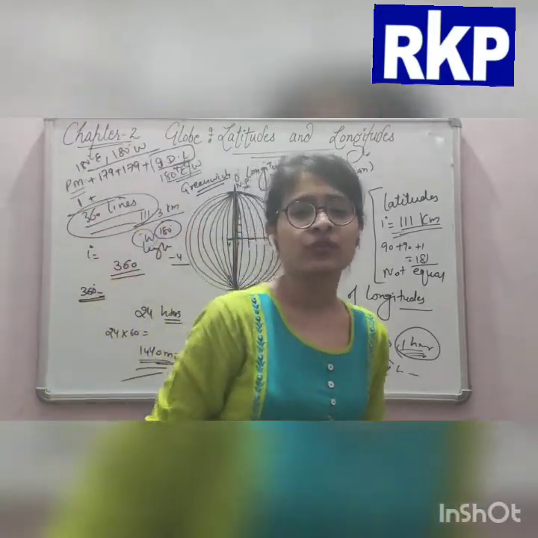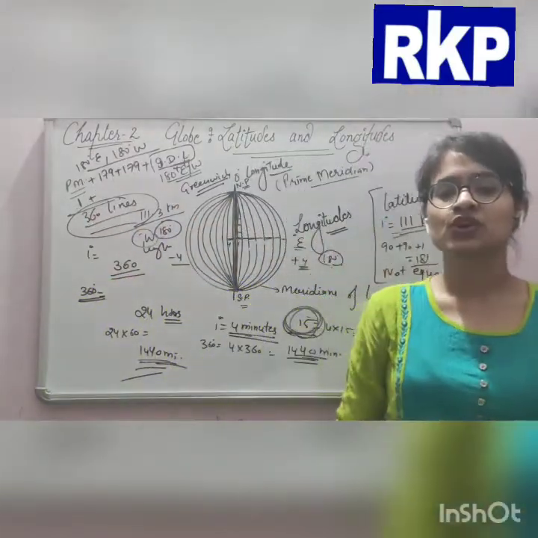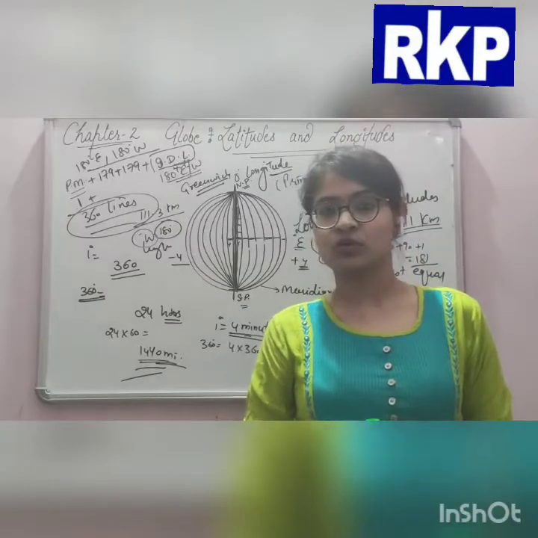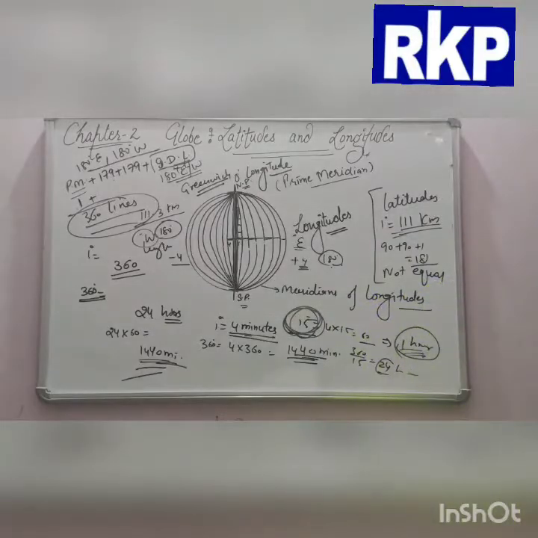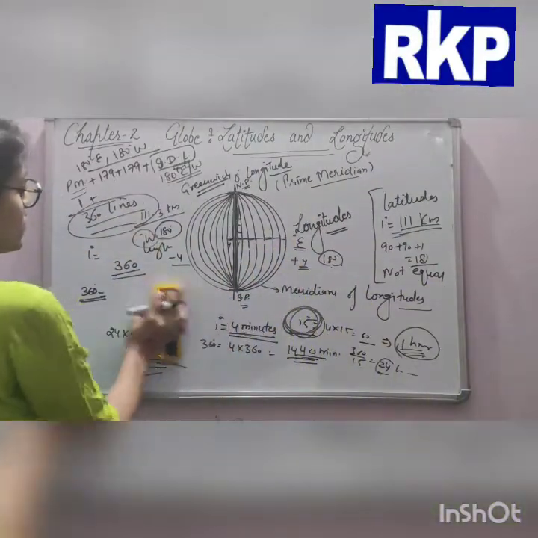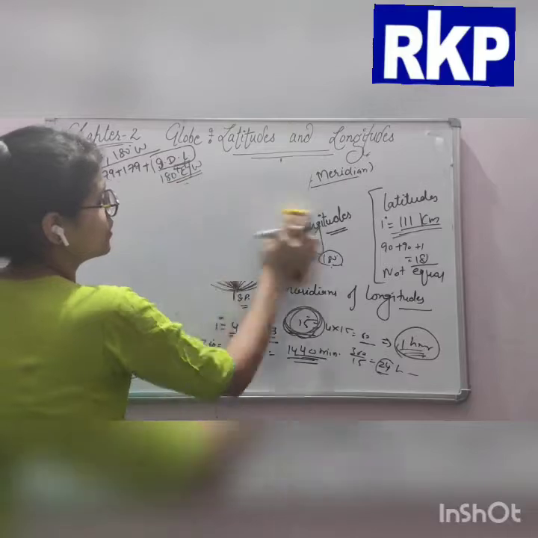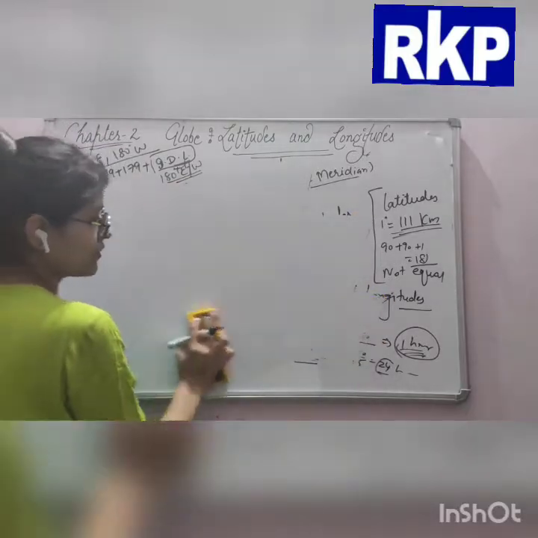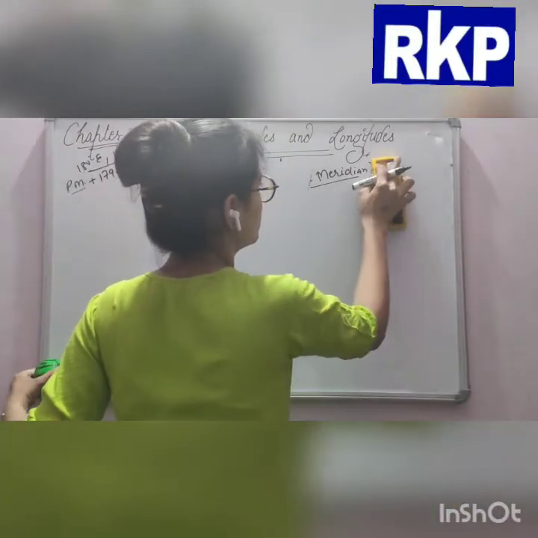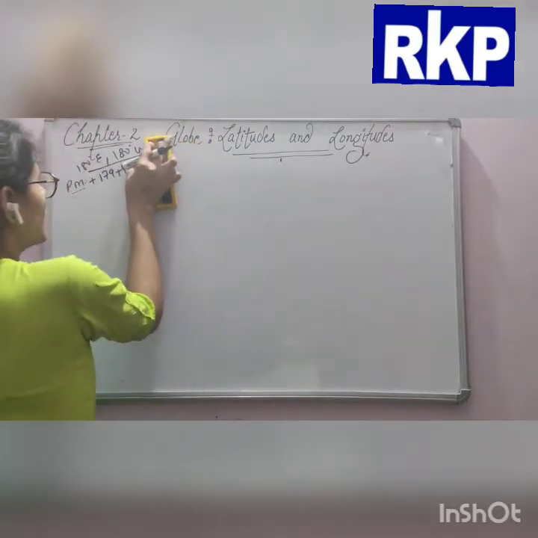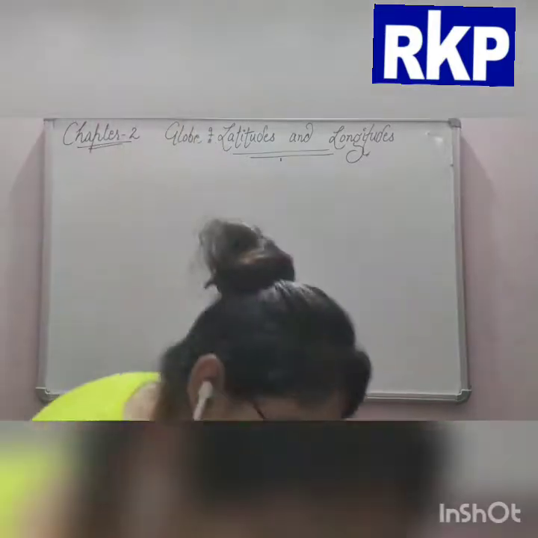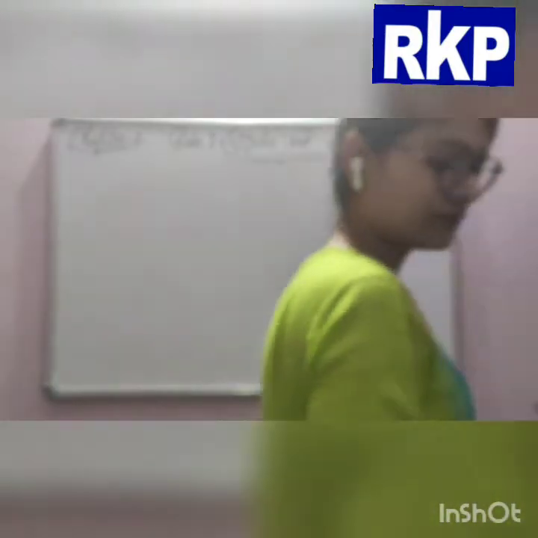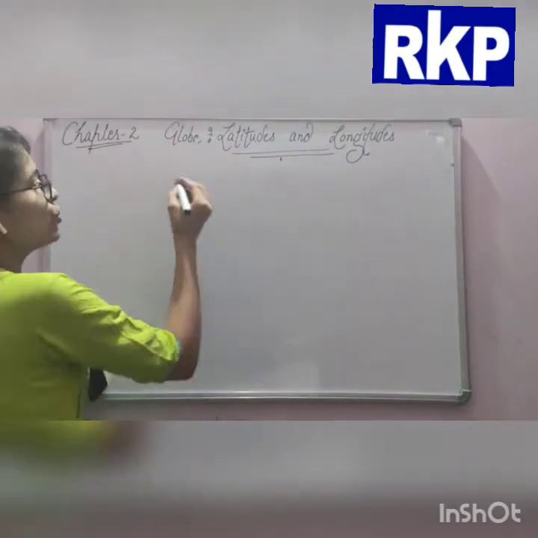So if you know the latitudes and longitudes of a place, you can locate any place on the globe. How? I'm going to tell you here. Suppose we want to locate a place.